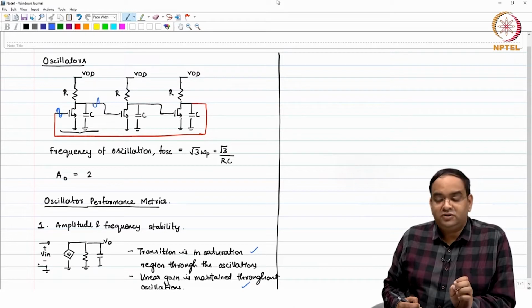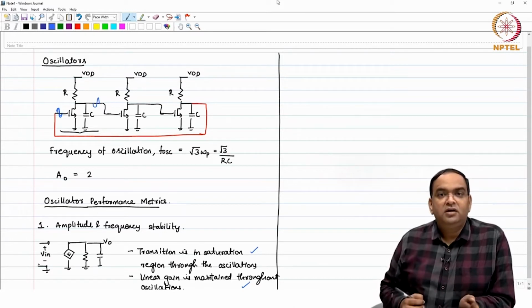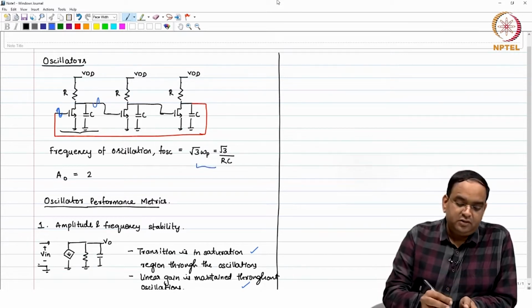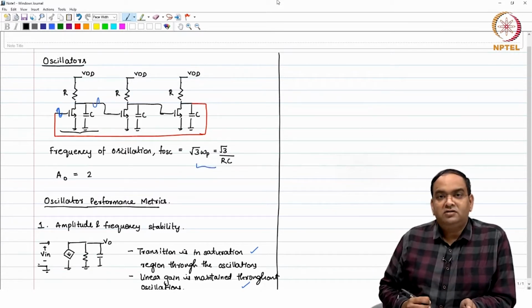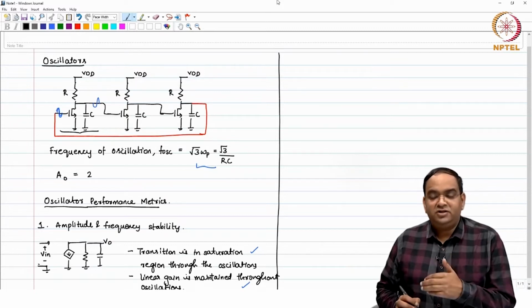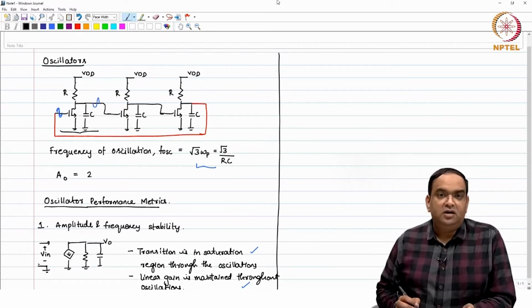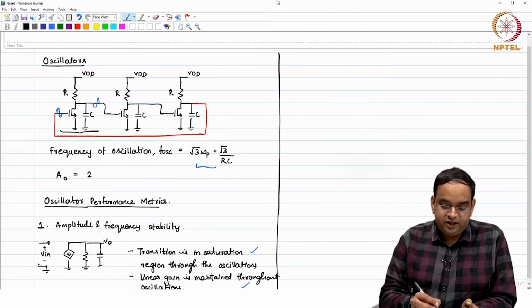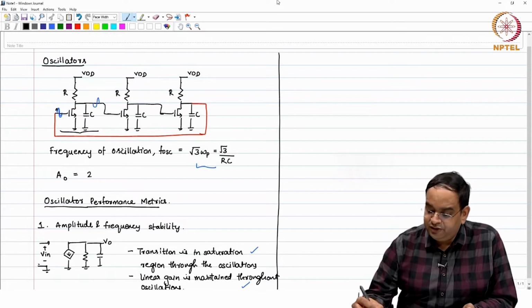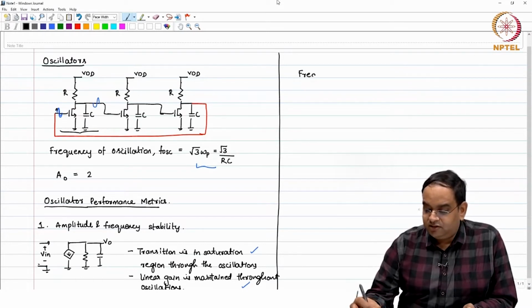If our linear gain approximation is not valid, we cannot write the gain of this and find the oscillation frequency like this. So, overall we can say the oscillator output amplitude is not fixed, it depends on what kind of signal you have initially, and you can maintain the transistor in a linear gain model.